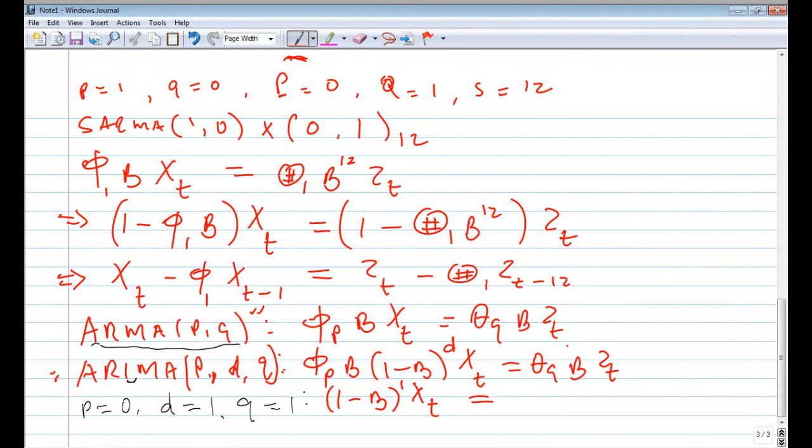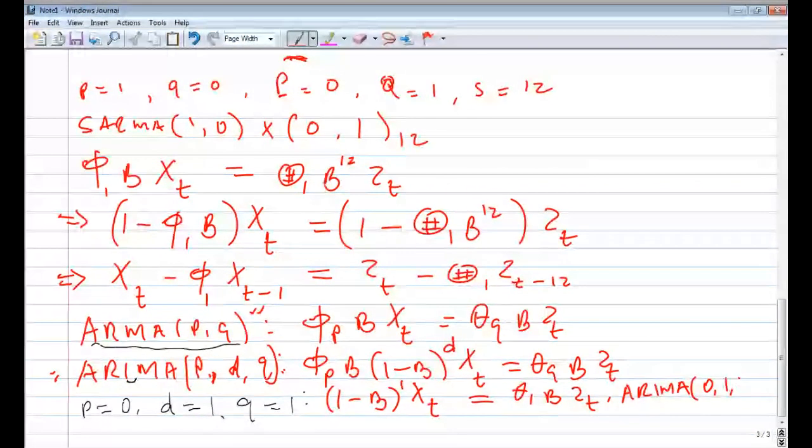On the right hand side, it's a moving average of order 1, which is theta 1 B Z_t. So this now becomes what? Because our P is 0, D is 1, Q equal to 1, we can call it ARIMA(0, 1, 1). Are we together?